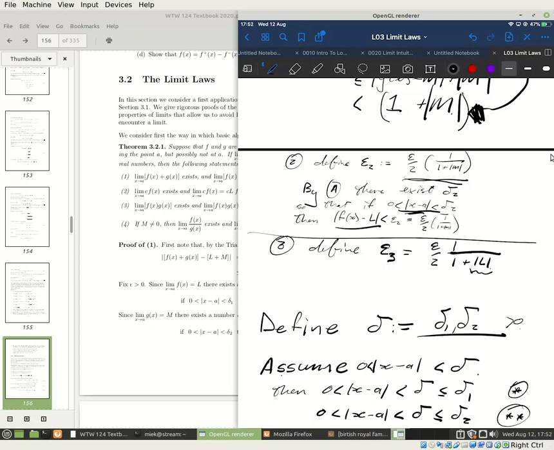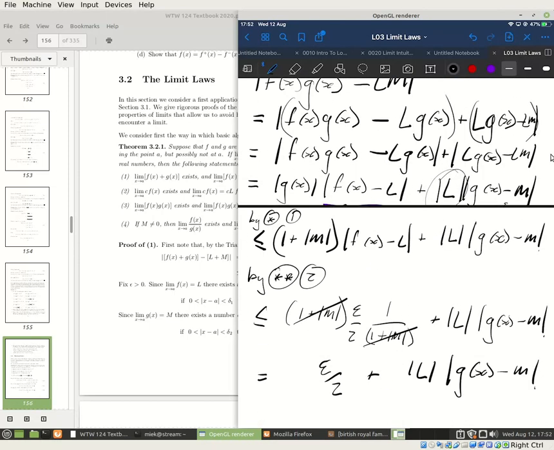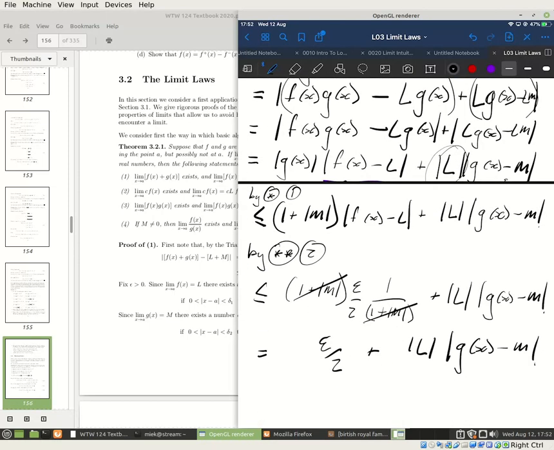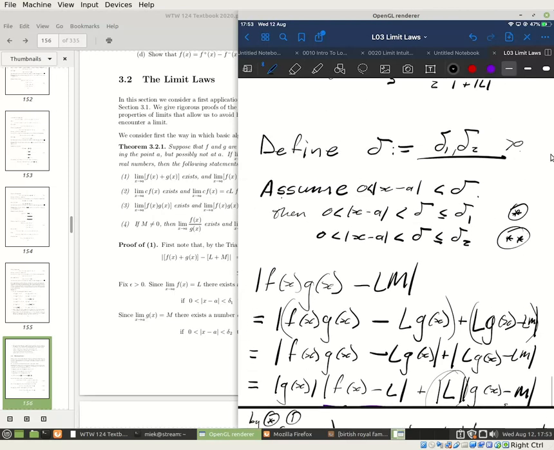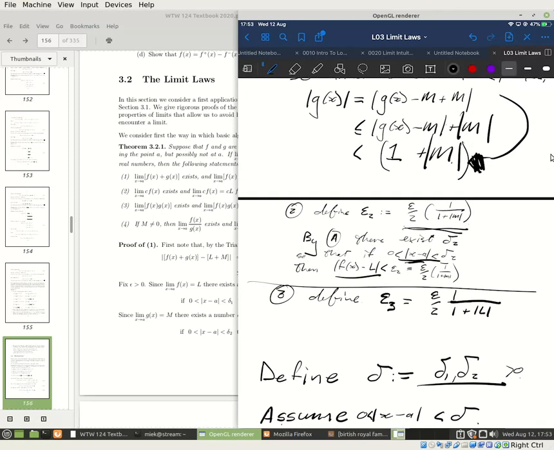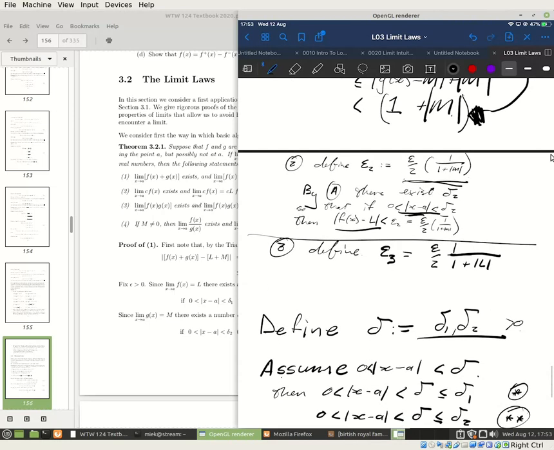In the case that it is equal to 0, adding this 1 takes care of that. And 1 plus absolute value of L is strictly bigger than absolute value of L. So if you take L divided by 1 plus absolute value of L, that will give you a number that is less than 1. So that will do.